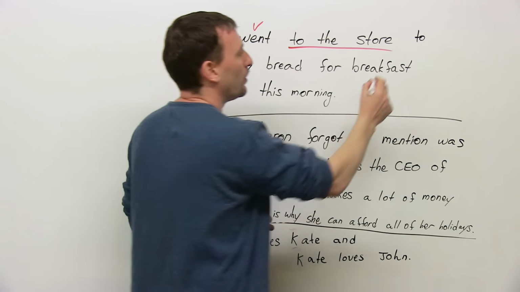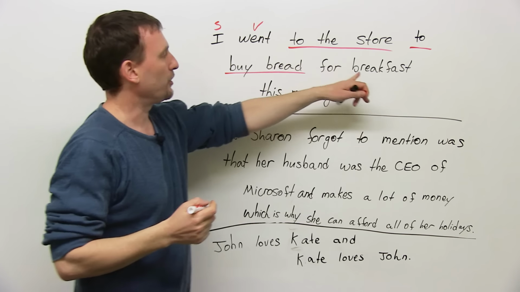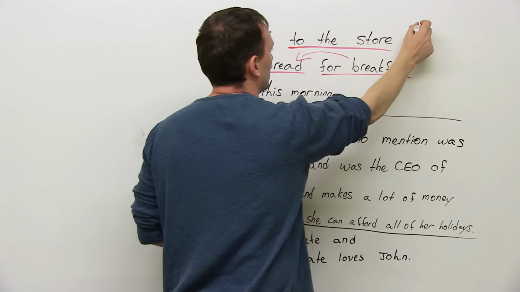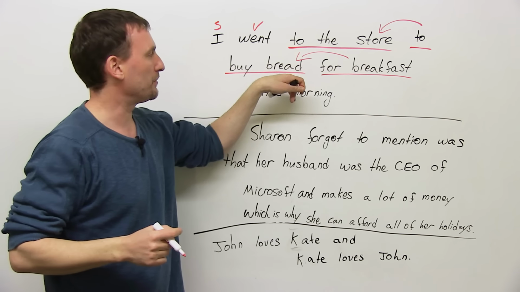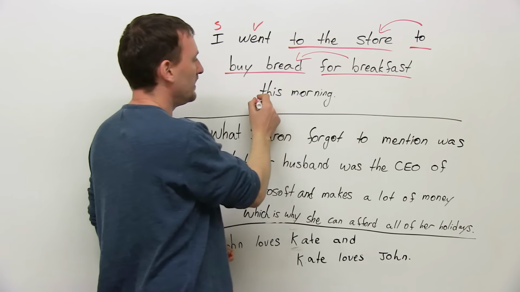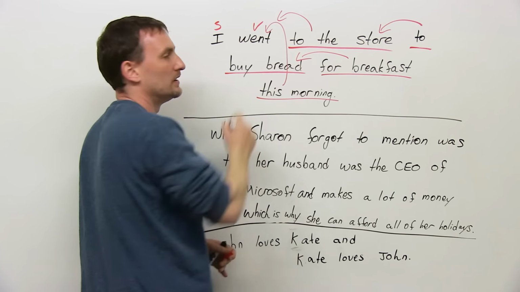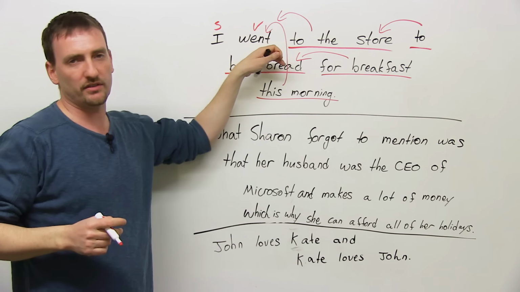To buy bread. Why? Why did I go to the store? For breakfast. Bread for what? At the store, I bought bread. I bought bread for breakfast. When? This morning. This goes back to went. Okay? All of these are complements to each other and to the verb went.